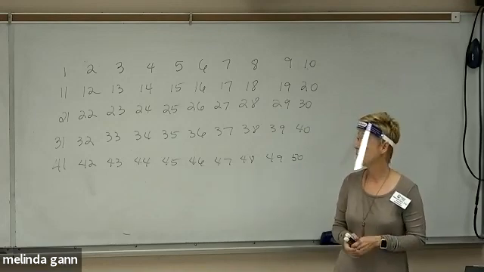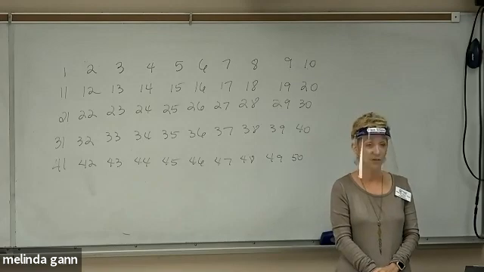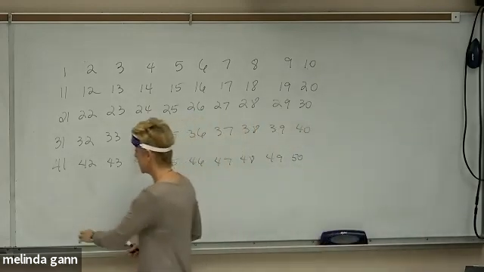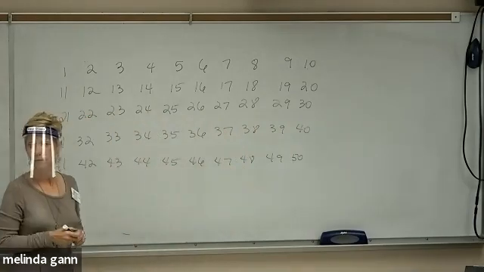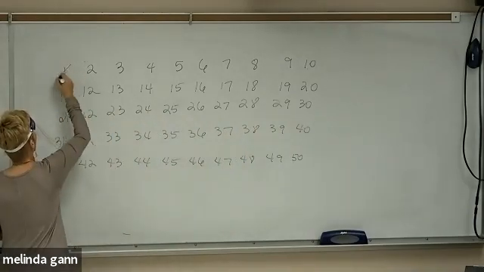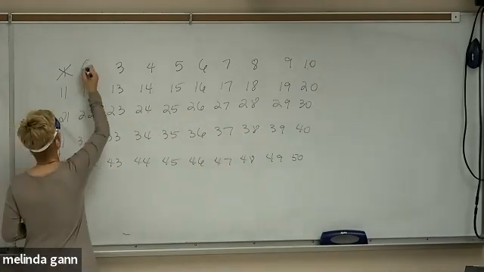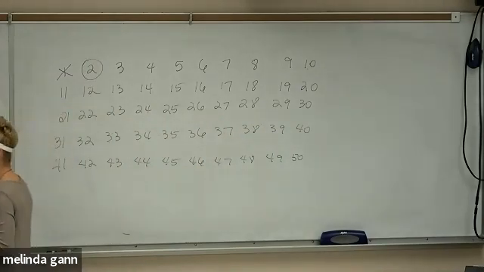Now, when we know something's prime, we're going to circle it. When we know it's not prime, we're going to cross it out. Is 1 prime? No, we said 1 is not prime or composite. 2 is prime, so we're going to circle it. Now let me ask you this. What about all the multiples of 2? Are they going to be prime?